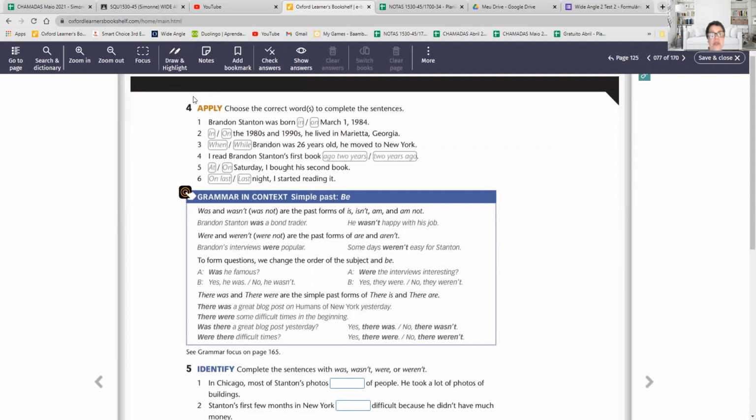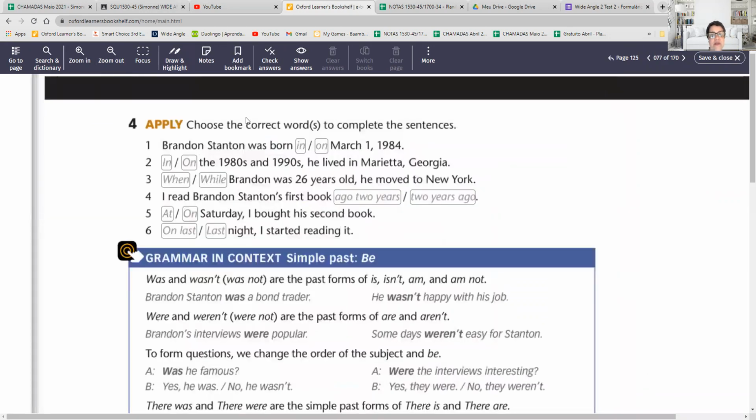So let's see number 4. Choose the correct word or words to complete the sentences. Let's see the first one, guys.